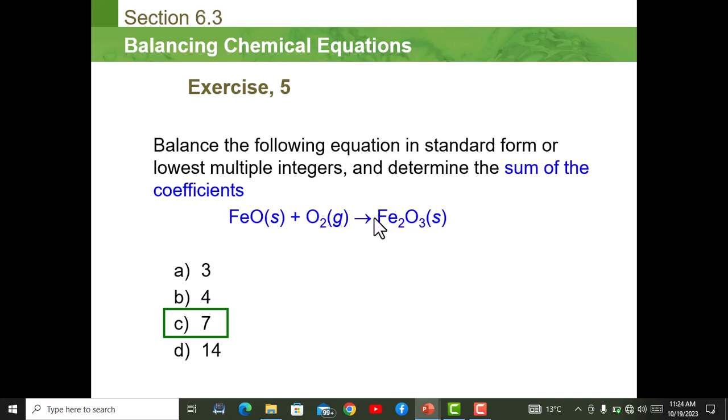And I will have a 4 and a 6. So it is balanced. So you put in a 4 here and you put in a 2 there. And then they say the sum of the coefficients. So you have 4 plus 1, which is 5, plus 2, which is 7. So the correct answer is 7.